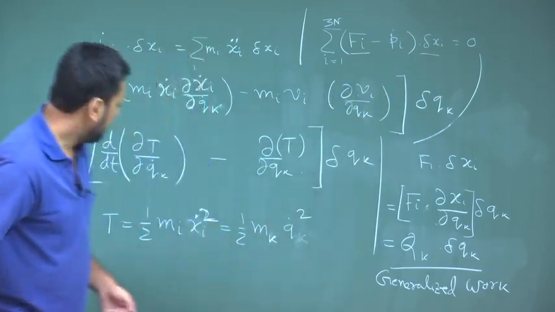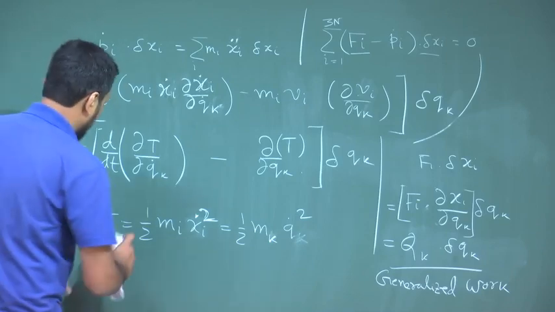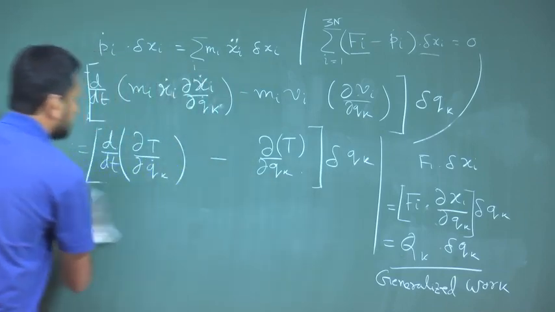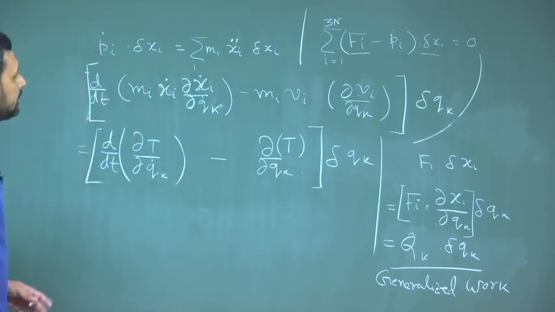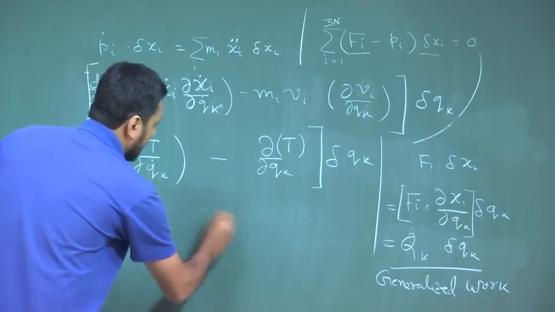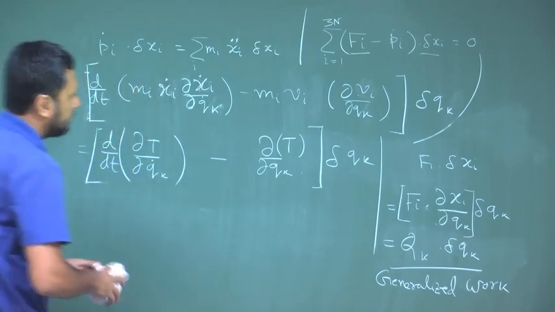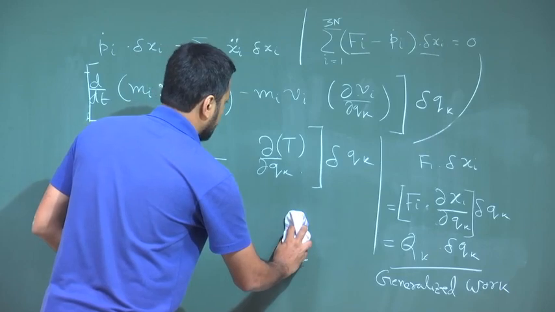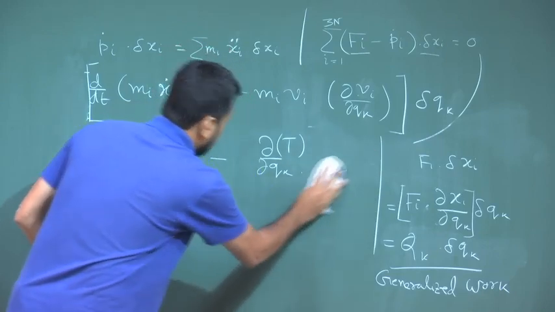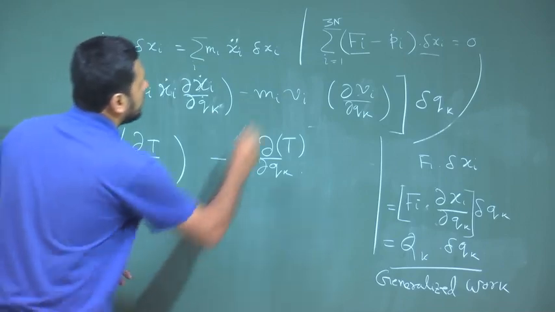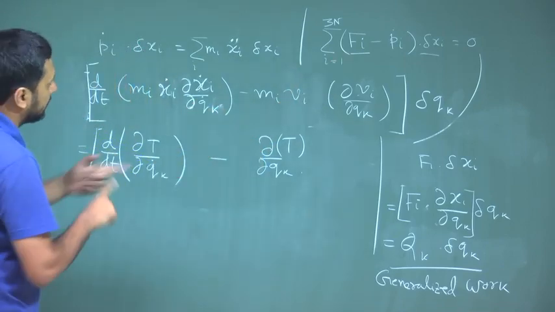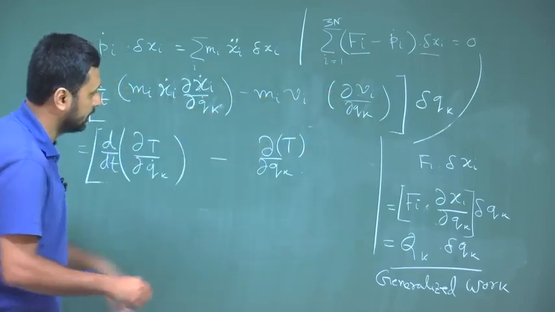Now, if this is my generalized force, what I can do is add this term into this equation, and we can write this as, right. Instead of closing the bracket here, we can add this term with an opposite sign, because there is a sign difference between these two terms.